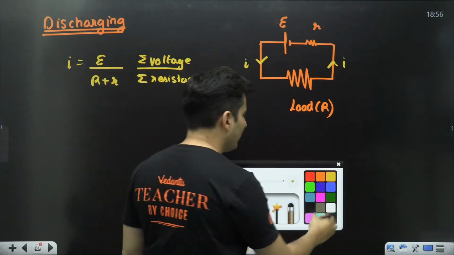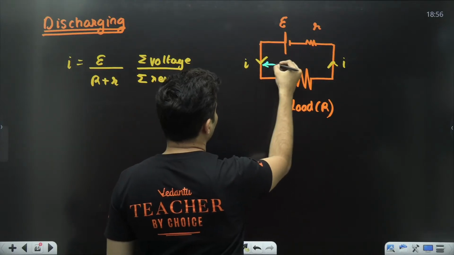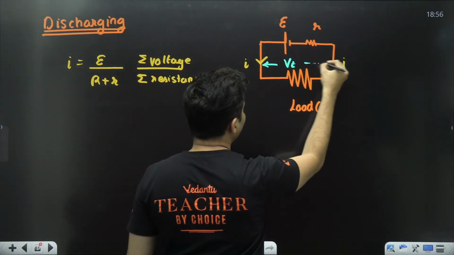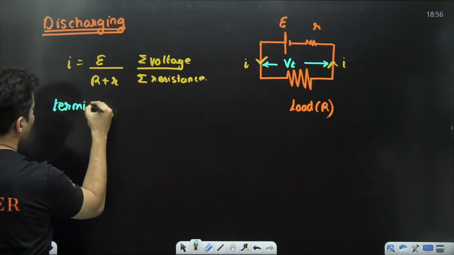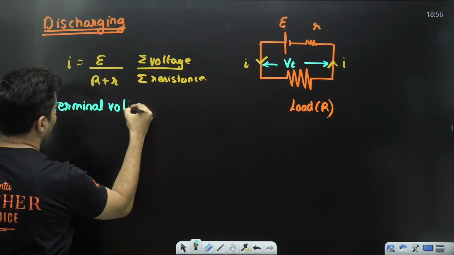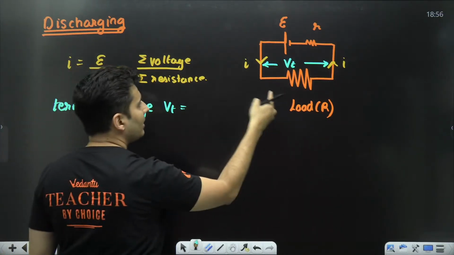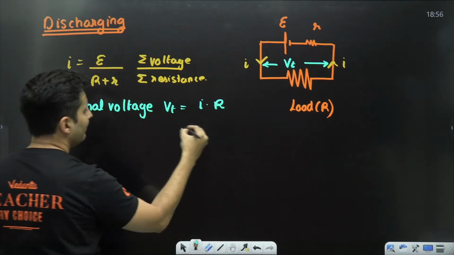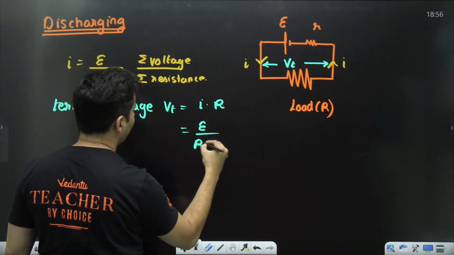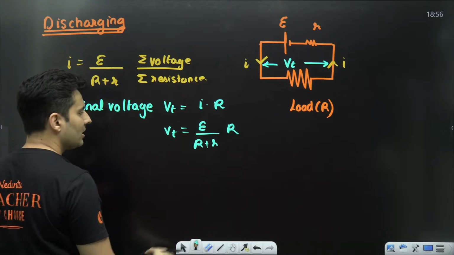If you want to measure the voltage across the terminals of the battery, VT, the terminal voltage, that will be how much current is flowing into the resistance, which will be E divided by (R plus small r), into R. That is your terminal voltage.